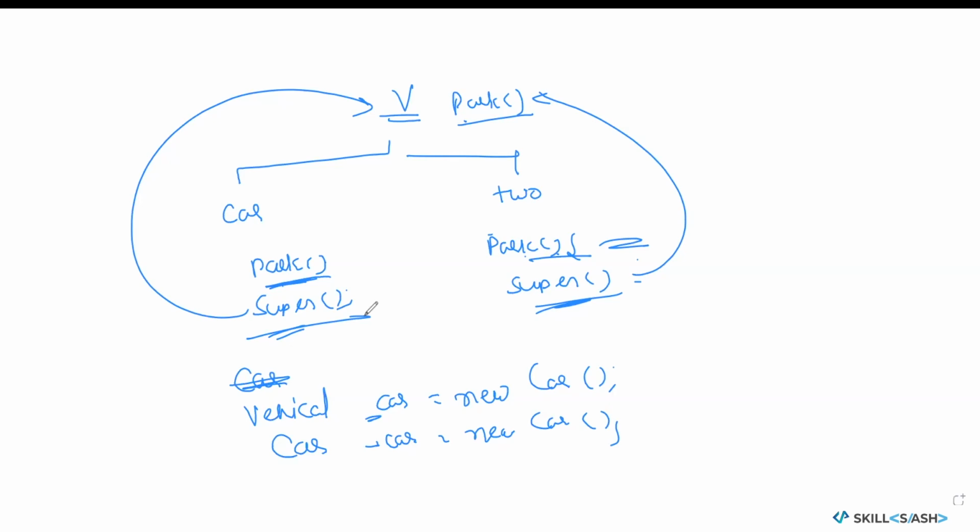I think he's asking what is the advantage of using vehicle car equals new car. I mean, you could have directly used car, right? The second one, right? Yeah. So generally, the type of object should be what?